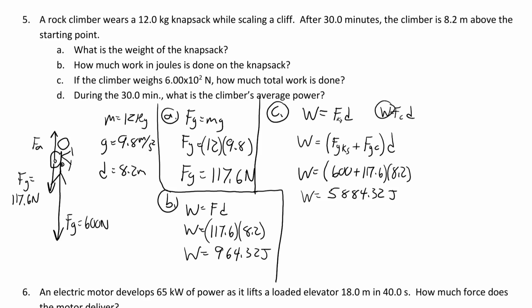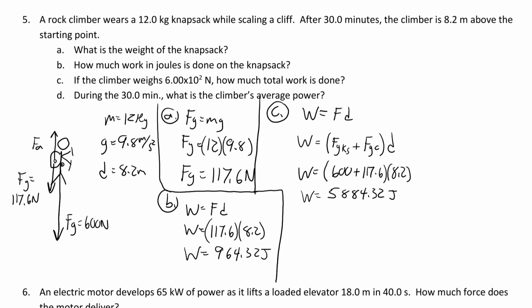And now we have one work plus this work, and you just add the two together. We already knew what this one was for the knapsack, and you could have just found the work done on the climber itself with the 600 newtons, but then you have to remember to add that to the work done on the knapsack itself. I just did it in one equation here just to show that it could be done that way as well.